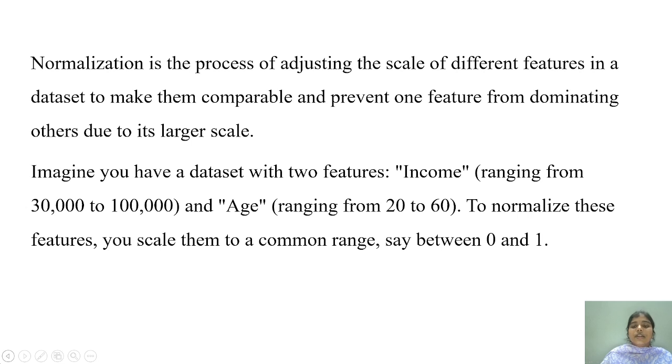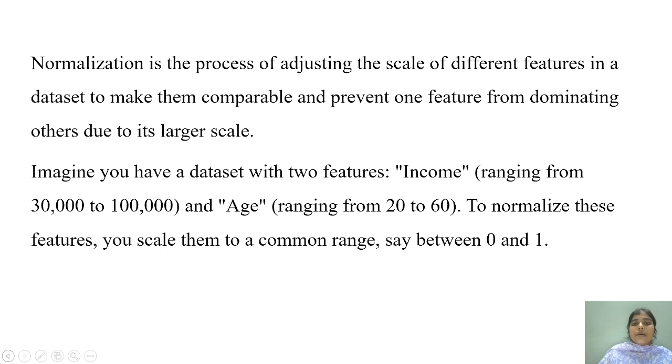Here we are discussing normalization, which is a data transformation technique. Normalization is the process of adjusting the scale of different features in the dataset to make them comparable and prevent one feature from dominating the other due to its larger scale. For example, if we are comparing two features like income and age, income would be a high value and age would be a two-digit value.